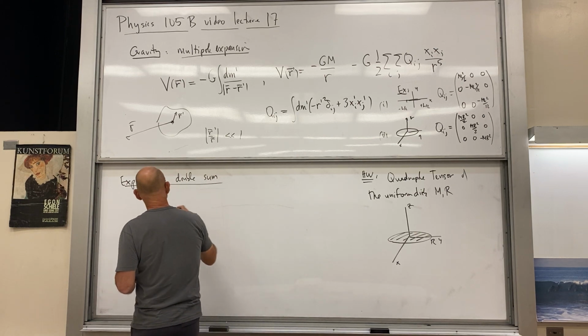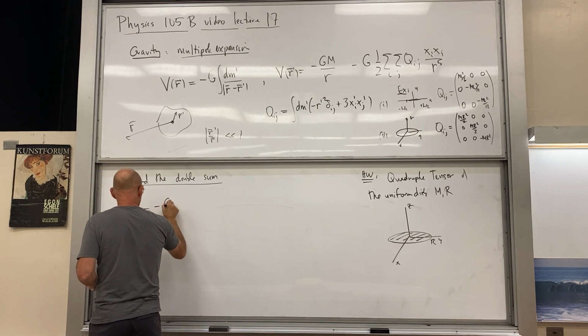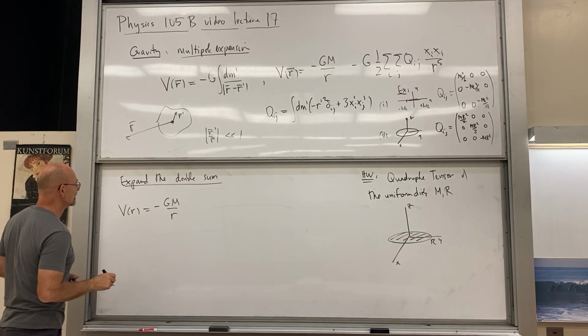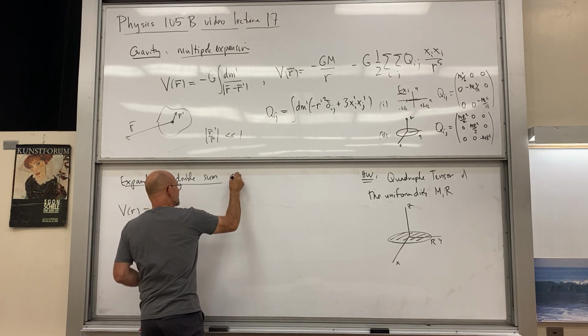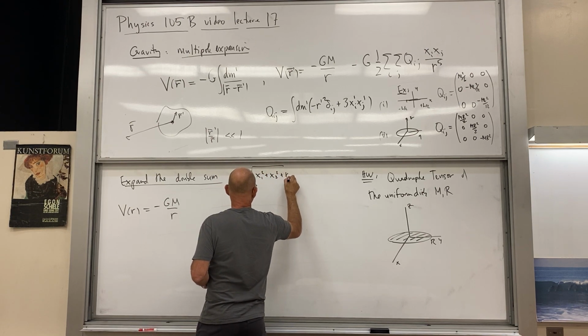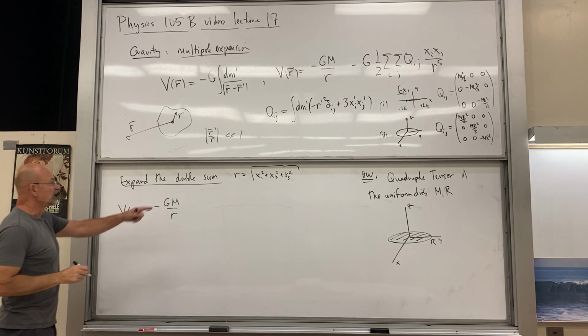If you want to expand out the double sum, what do we have? We have V of R equals minus GM over R. Fine. And of course, R is equal to root x1 squared plus x2 squared plus x3 squared. So we got minus GM over R.